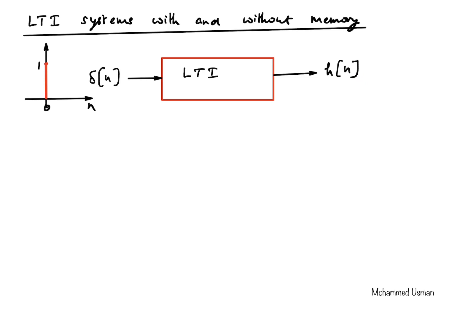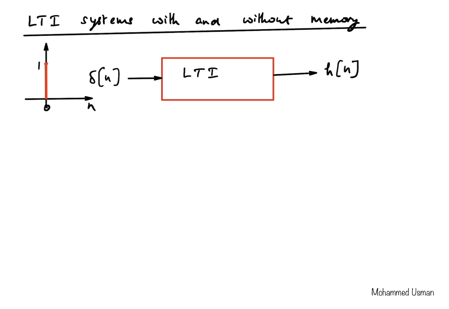Now we want this output to be independent of previous inputs, that means the previous versions of this impulse. That means h of n should be 0 for all previous values of n. Since we also want this to be a causal system, you can't have an output before the input, so we can't have an output for future impulses. That's not possible. So for this to be a memoryless system, h of n should be non-zero only when n equals 0.